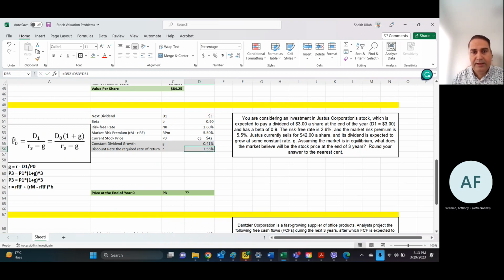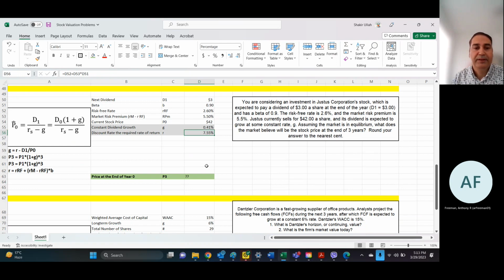So the growth comes out to be 0.041%. That comes out to be a very nominal growth, very small growth. But anyway, let's see what we get.